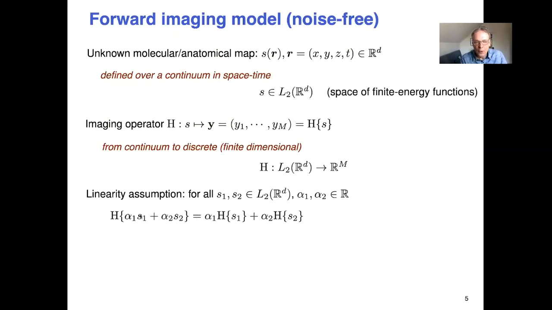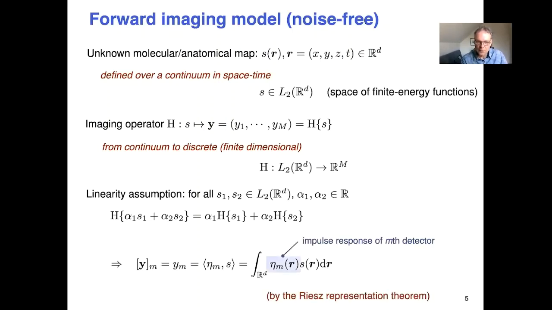If we're taking a linear combination of objects that we want to image, and then imaging the linear combination, it's equivalent to imaging each object separately and forming the linear combination after. Okay, so this is completely standard. Also, this is important because it allows the imaging to be quantitative.